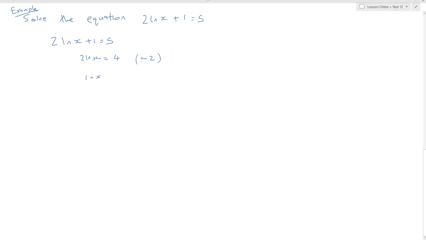That gives us ln x is equal to 4 over 2, which is 2. Now ln x is log to the base e of x, which is equal to 2. So that means that e to the power of 2 is equal to x. Solved. Or you could write x equals e to the power of 2.